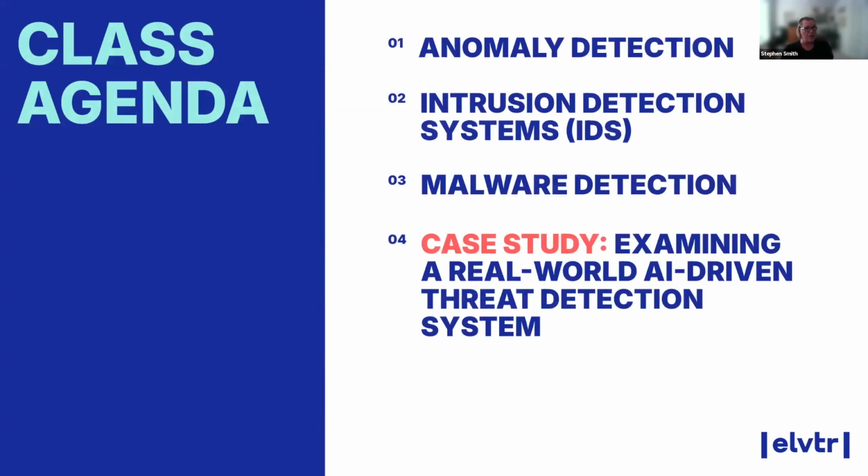So the agenda for tonight is we're going to talk about anomaly detection, IDS systems, malware detection, and a case study examining a real-world AI-driven threat detection system. I've put together some cool examples. The notebook is available on GitHub if you want to download it and run it for yourself. And we'll try and run through this, and hopefully this is going to start bringing some of these concepts together.